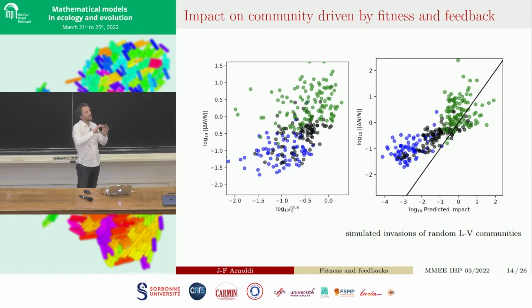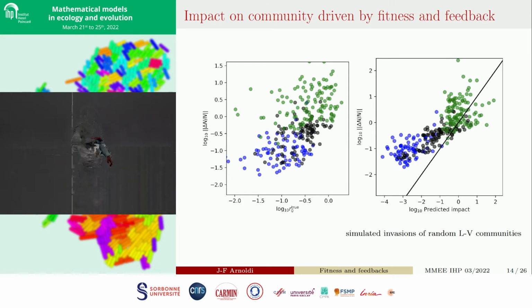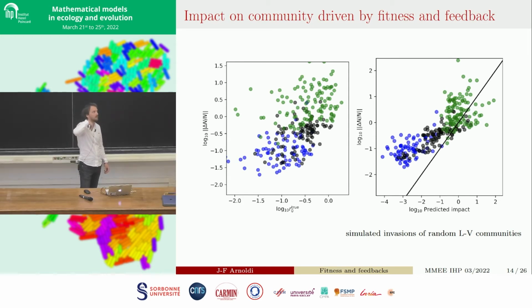But at least here we see something better, and we see that the colors correspond to the different scenarios. So blue is coexistence, and black and green would be turnover regimes. And we see that we are organizing those colors quite well, where it's in turnover that there is more impact. Here, impact is measured in terms of the relative change of abundances of resident species.